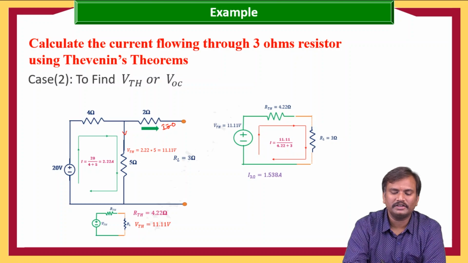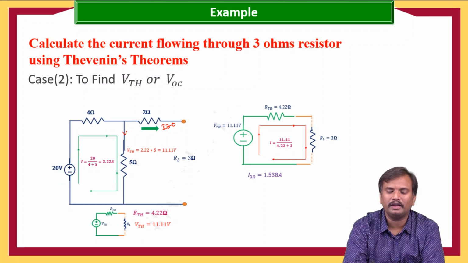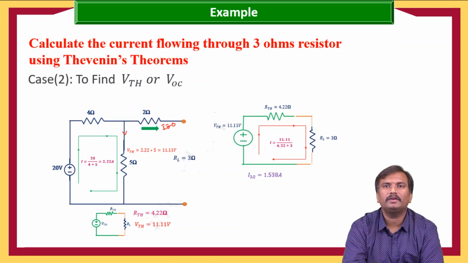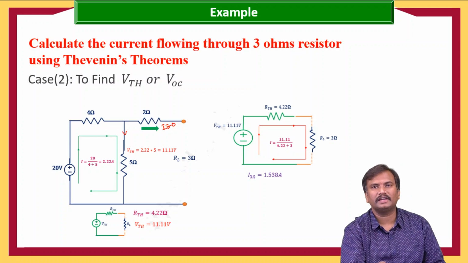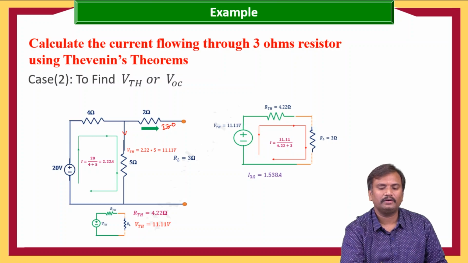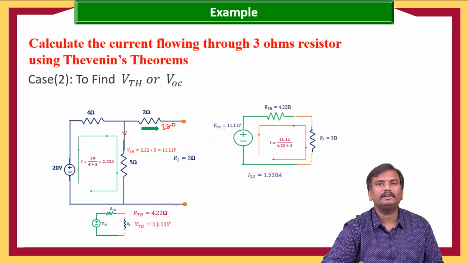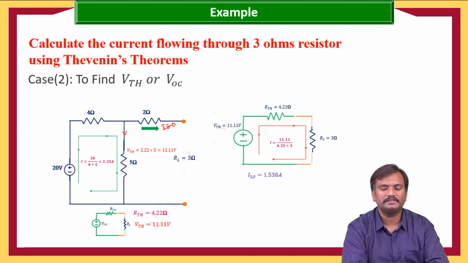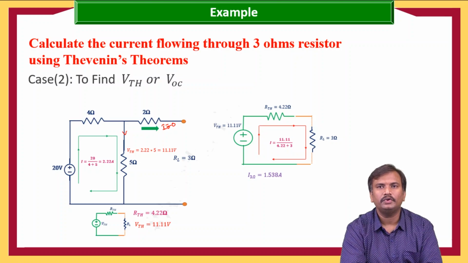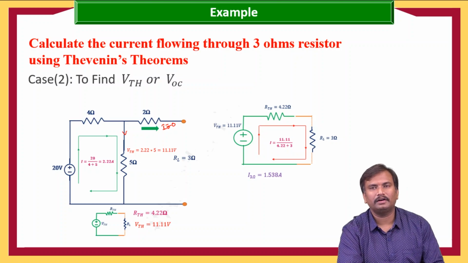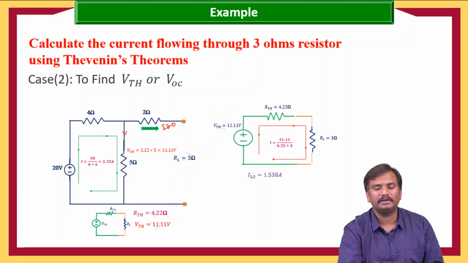Since no current is flowing through the 2 ohm resistance, the 20 volts, 4 ohms and 5 ohms are connected in series. So current I is equal to 20 by 4 plus 5, which is equal to 2.22 amperes. So VTH is equal to 2.22 into 5, which is equal to 11.11 volts.